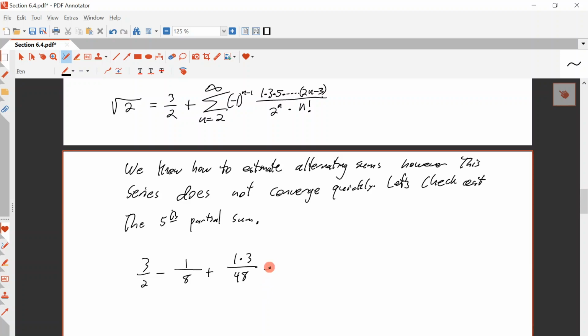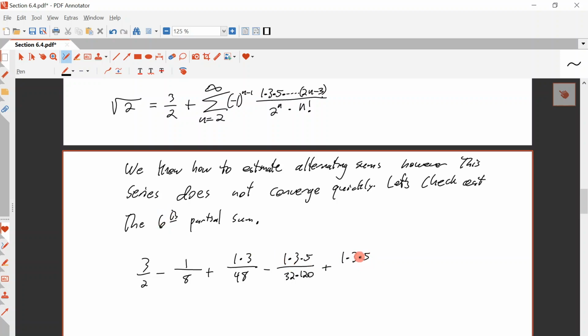For n equal to 4, you're going to get 1 times 3 times 5 over 32 times 120. 32 is 2 to the 5th, 120 is 5 factorial, plus the next one is 1 times 3 times 5 times 7.